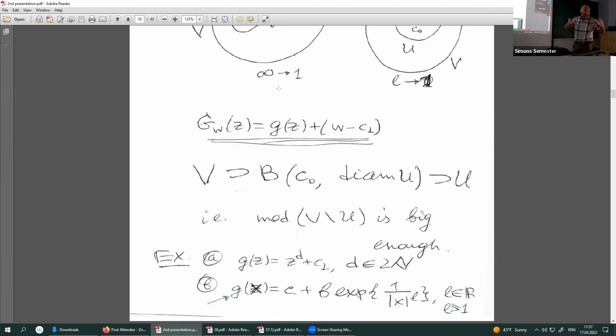If this initial disk is big enough, then for any W, in this case, it will be well inside, and that's all we need. So this famous result of monotonicity for the quadratic family follows from this trivially.